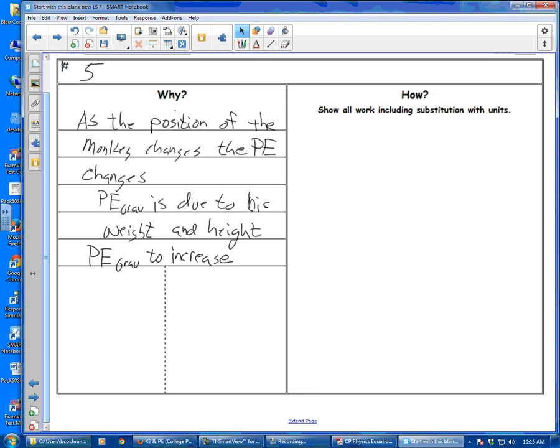So they want to know how much the potential energy grav changes, and that would be potential energy final minus potential energy initial grav. Grav is short for gravitational.